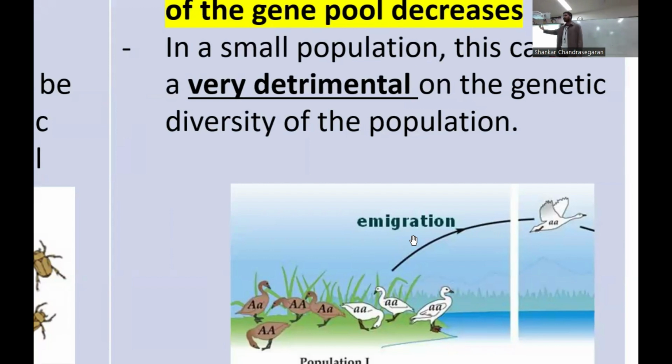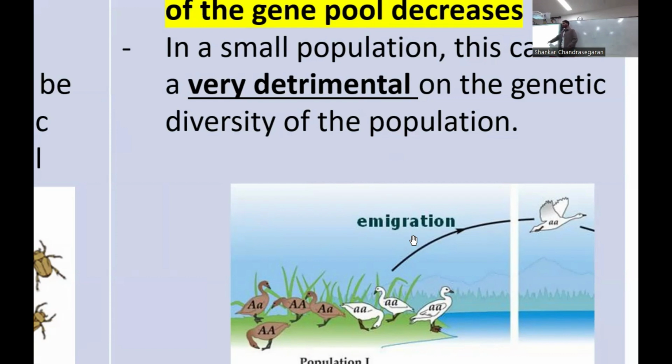So if a new individual is coming into the population, it increases genetic diversity. If an individual is leaving a population, that reduces overall genetic diversity. It's not that hard to link those ideas together, right? So, like I said, in a small population this can be very detrimental to the genetic diversity, because imagine if all three of these geese decide to emigrate out of this population.